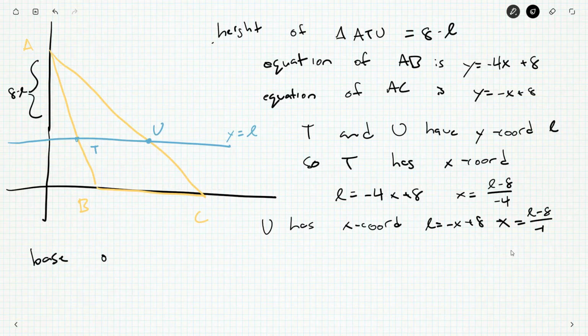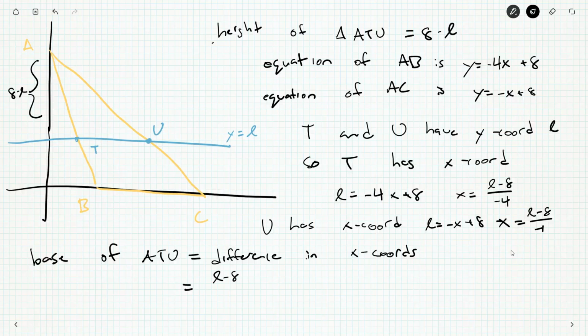Now the base of ATU is equal to the difference in the x-coordinates. So that's going to be, U is going to have the bigger one, so we're going to say L minus 8 over negative 1 minus L minus 8 over negative 4.